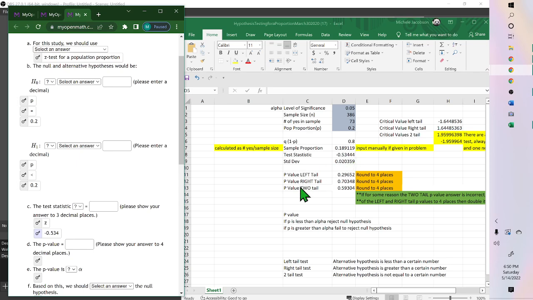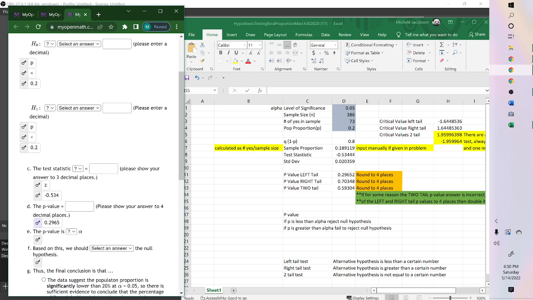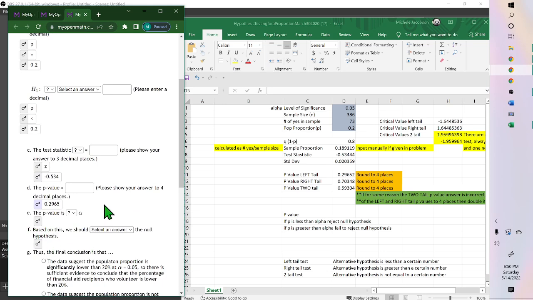The p-value is right here, and we were testing less than from the alternative hypothesis over here. Less than points left, so it's this one, the 0.29652. Now they want to know if the p-value is greater than or less than alpha.